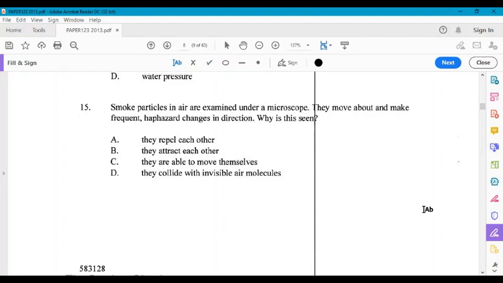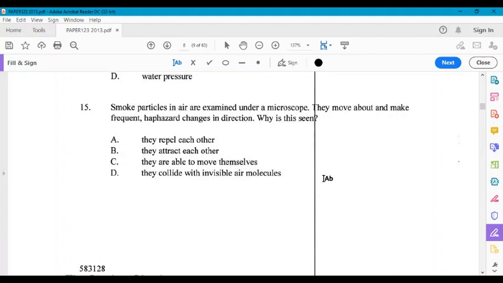Number 15. Smoke particles in air are examined under a microscope. They move about and make frequent haphazard changes in direction. Why is this seen? Okay, so this was a very important discovery, and this is at the forefront of our knowledge of atoms and gases and how they behave.